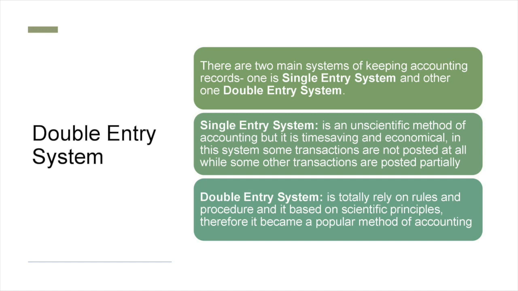So the double entry system, I'll tell you why it is better than the single entry system. First of all, the double entry system of accounting deals with two or more accounts for every business transaction. For instance, a person enters a transaction of borrowing money from the bank.